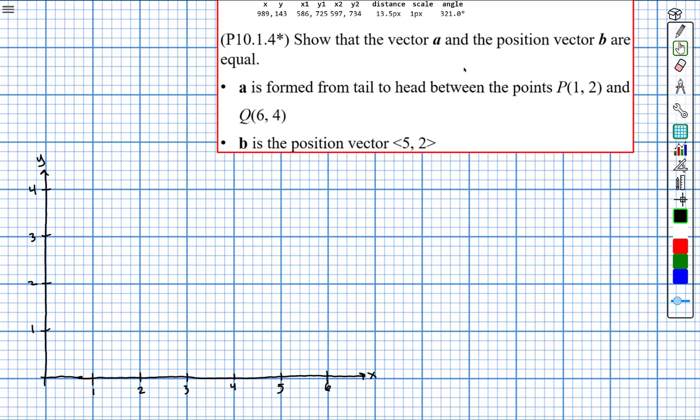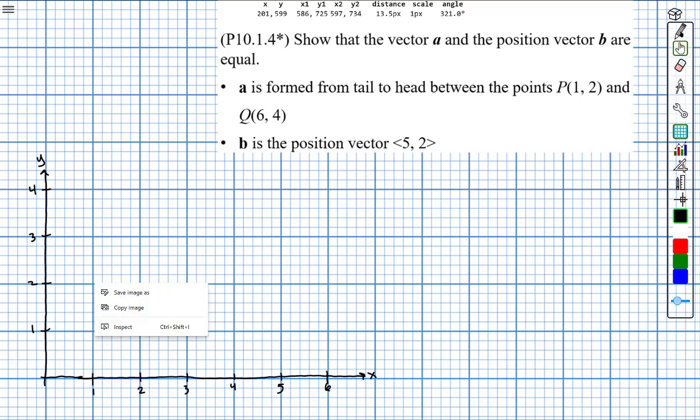Okay, so let's look at vector A. Vector A is formed between points P and Q. Point P is at coordinate 1, 2, so I will label that here. Oops, need to switch to my pen. So 1, 2 is the point right here. That is point P. And then point Q is at the point 6, 4.